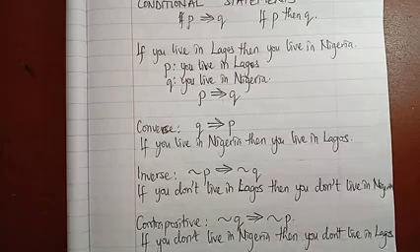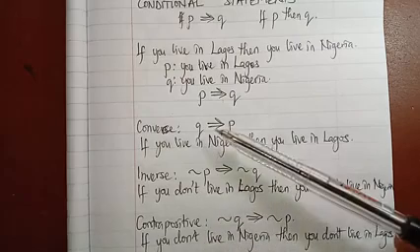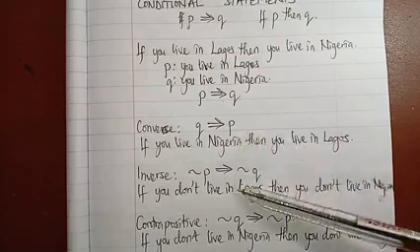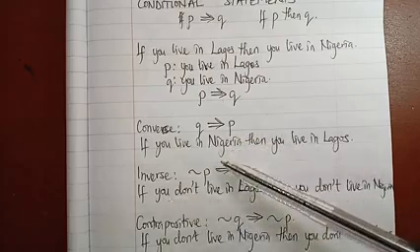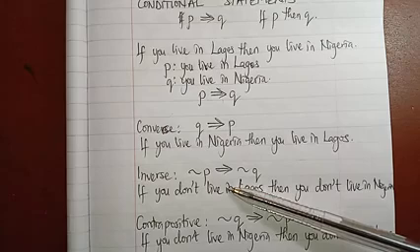If the conditional statement is true, then its contrapositive statement will also be true. However, the converse and the inverse always go together, they always return the same true or false value. So, like in this our example, the converse statement is false, and its inverse is also false.